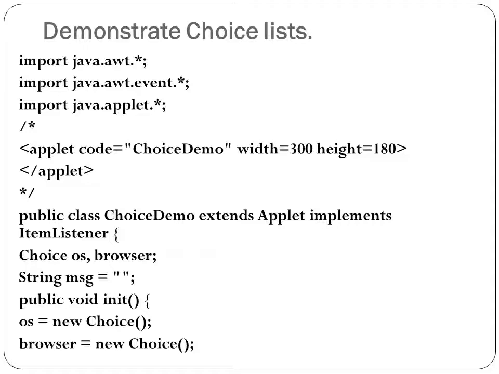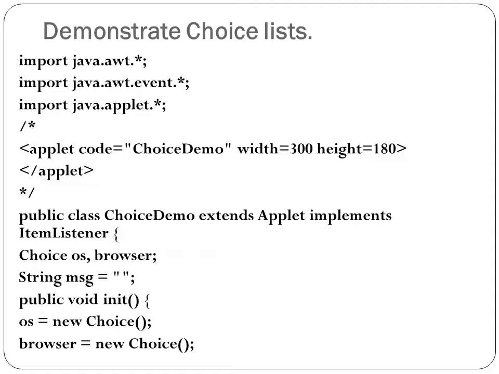Our class name is ChoiceDemo, and it extends Applet, and we have to implement the ItemListener interface because we are handling item events. In this program we are creating two choices. One is for OS and the second one is for browser, and these choices are created inside the init method.